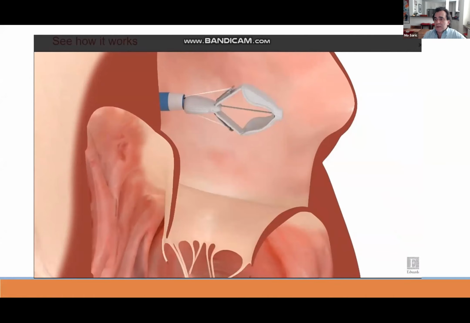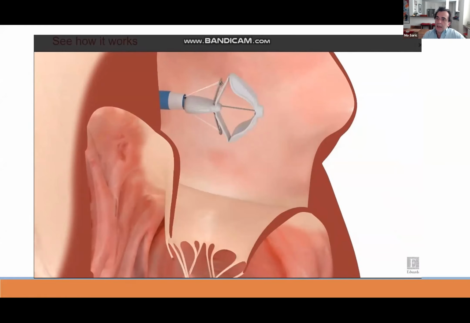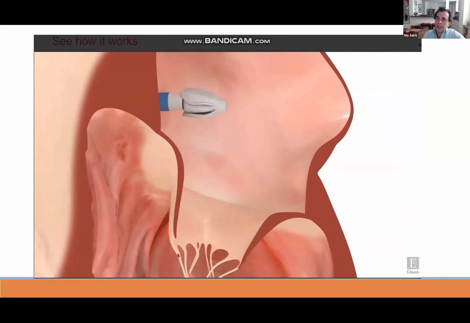In the next step, the system is folded in a stepwise fashion until we get a completely folded system. You see now it's wider than the catheter itself, and that's the point of having it elongated at the beginning.